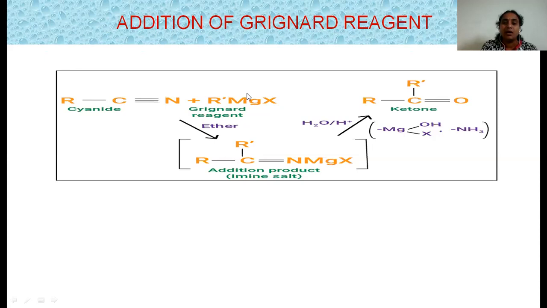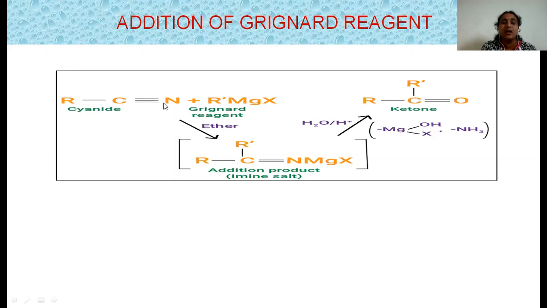In this Grignard reagent, R exists as a minus charge, whereas magnesium, which is a metal, exists as MgX with a plus charge. Similarly, in the cyanide group, nitrogen, which is more electronegative than carbon, has the minus charge, whereas carbon has the plus charge.